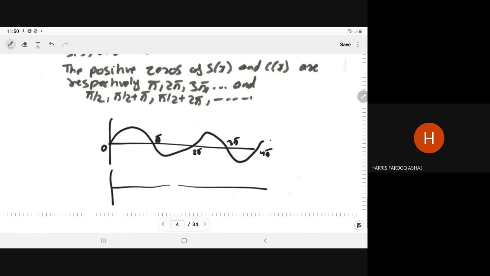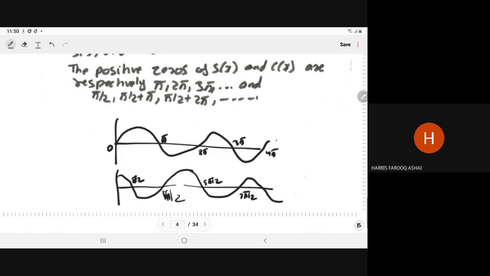And zeros of cos x are pi by 2, 3 pi by 2, 5 pi by 2, 7 pi by 2, and so on. Now if you combine these two, what will the graph be?